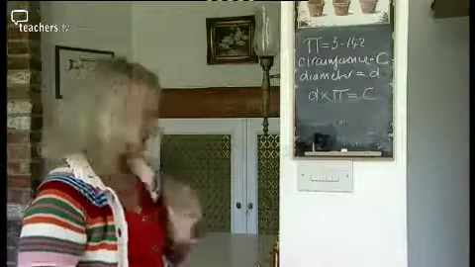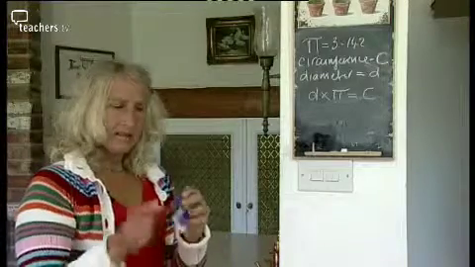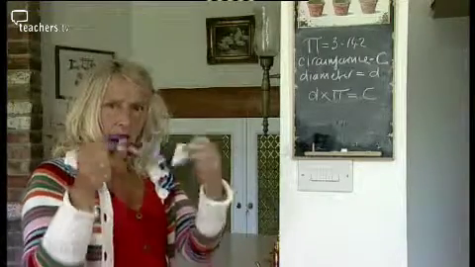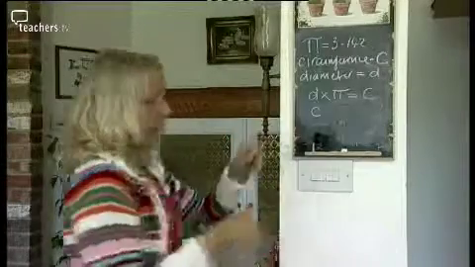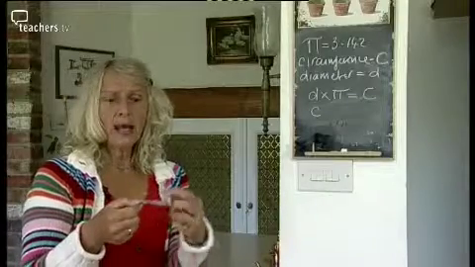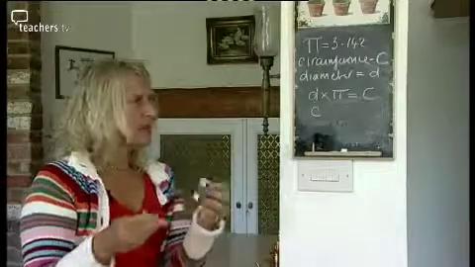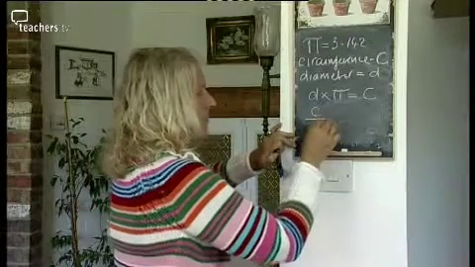What about the tin? When we took the tin, we had the circumference, and I divided the circumference by about 3, but I said it was actually a number that was slightly bigger than 3.